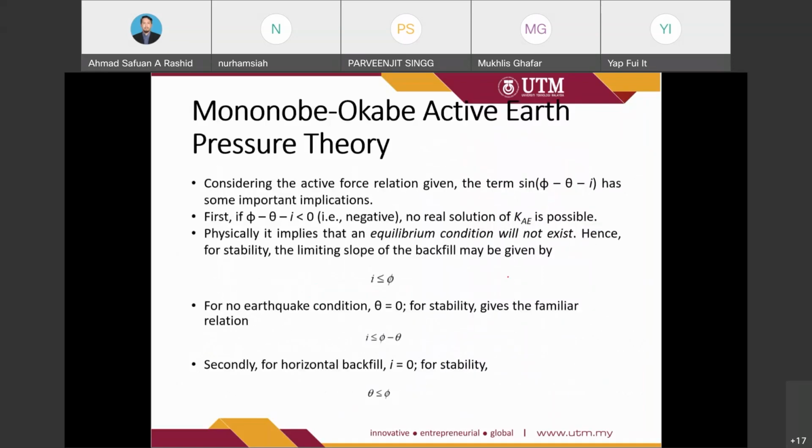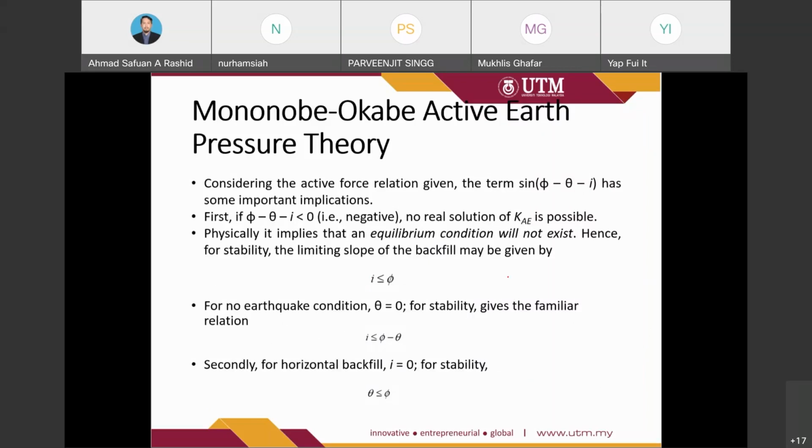First, if phi minus theta minus I is less than 0, it will become negative, so no real solution of KAE is possible. Physically, it implies that an equilibrium condition will not exist.